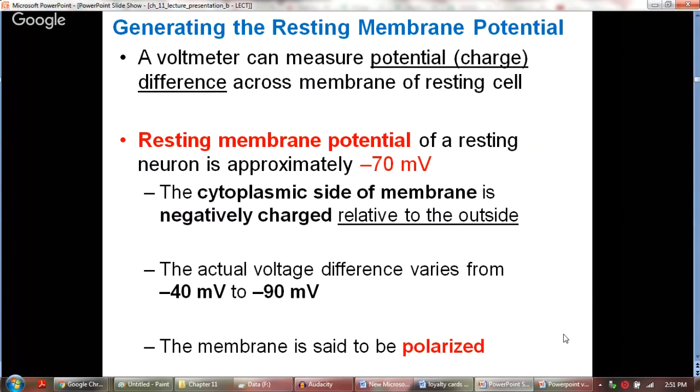In a resting neuron, the resting membrane potential is approximately minus 70 millivolts. On the cytoplasmic side, the membrane is negatively charged relative to the outside. The actual voltage difference could vary from minus 40 millivolts to minus 90 millivolts. And in this millivolt range, we say that the membrane is polarized.